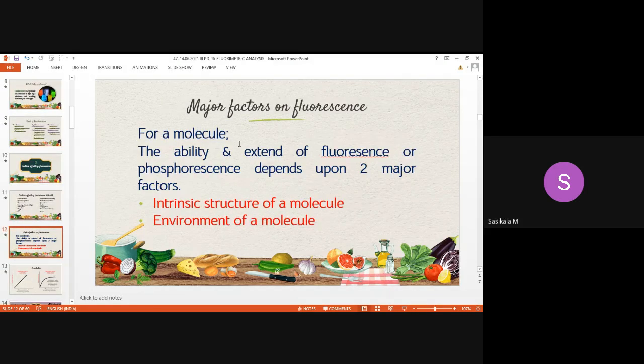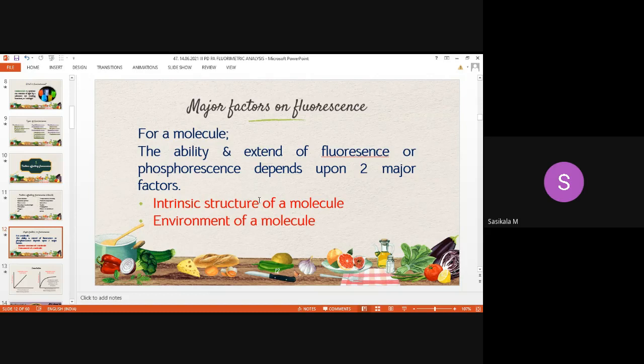First one is concentration. Before that, I have summarized all the factors. They comprise majorly two factors. One depends on the intrinsic chemical structure of a molecule. The fluorescence intensity will depend on two major factors. One is the intrinsic structure of a molecule.